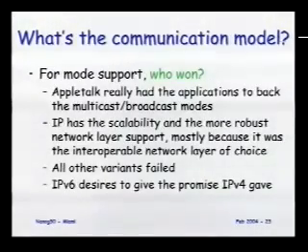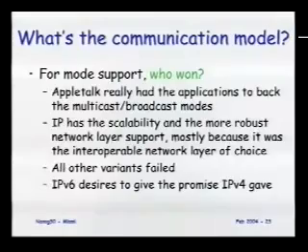So for mode support, who won? Well, like I said, AppleTalk really had the applications to back the multicast mode: the Chooser, the directory services, print sharing, file sharing, all that stuff. You have to give Apple credit that they were able to deploy that stuff much earlier than IP did. But IP learned from that and used those sort of things. A lot of the ideas of DHCP came from AppleTalk on how to do address assignment. You know, DHCP does not date back to the mid-70s.